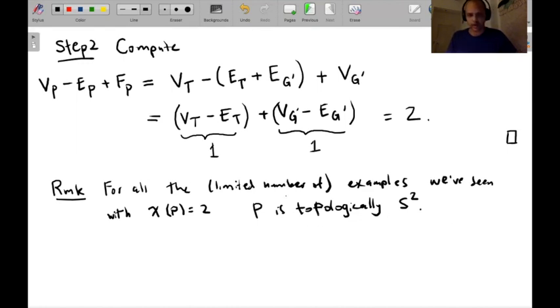Well, okay, this topologically S2 is something we're going to make precise in just a second, but hopefully it's clear what it means. I mean, the tetrahedron basically looks like the two-sphere. And the question is, is this always the case?